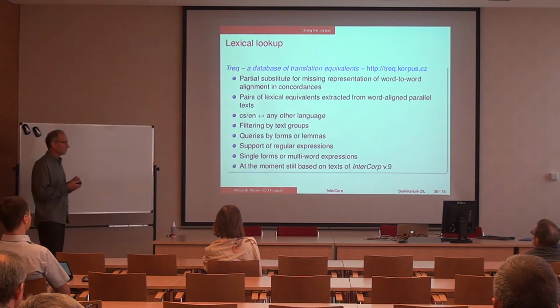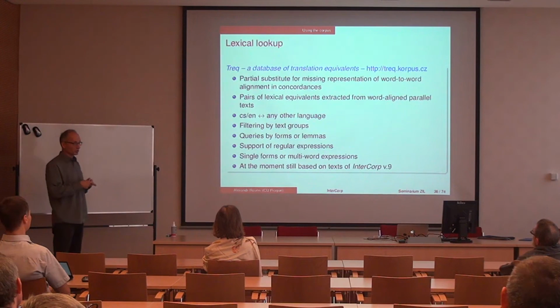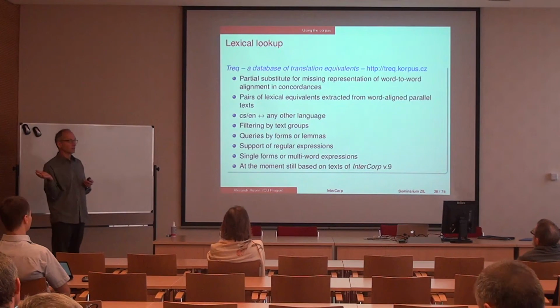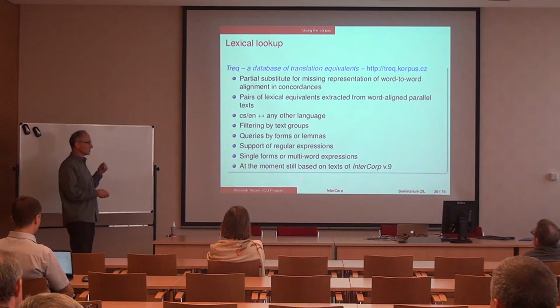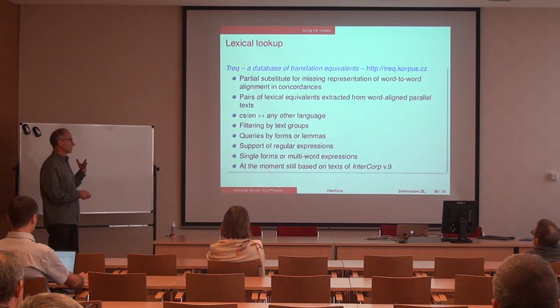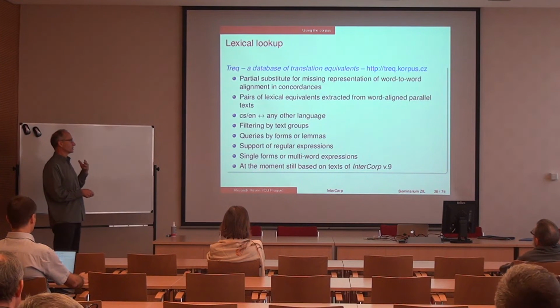And you can filter it by the text group. So if you are interested only in equivalents that occur in the core, not in the collections, not in news or parliament proceedings. You have support of regular expressions in the query interface and multi-word expressions.